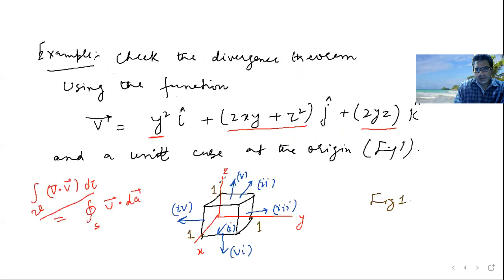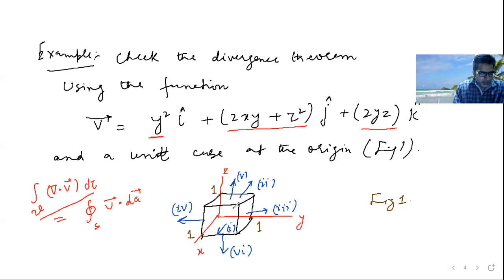So first face, integral V dot dA. What is that? Now see, let me move to the diagram first. This is my first front face. This front face lies in the YZ plane.